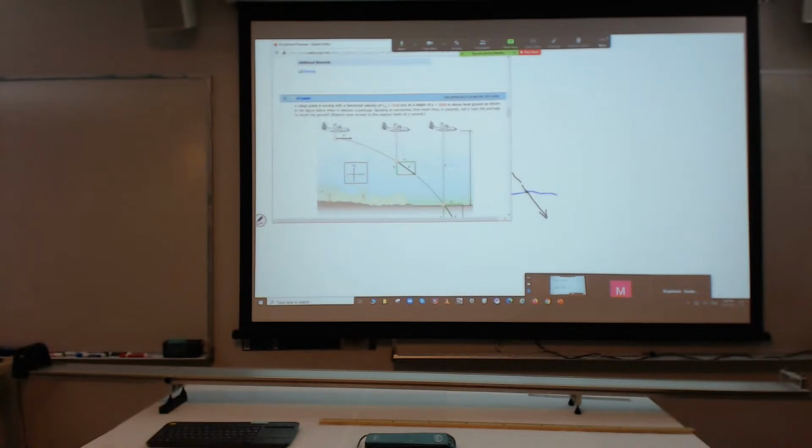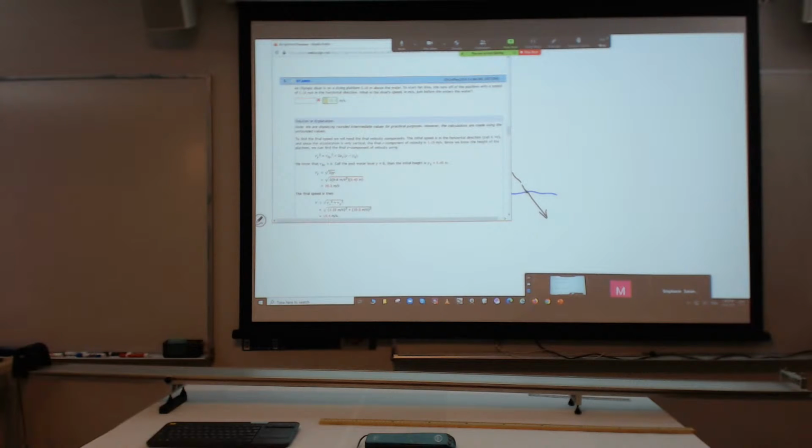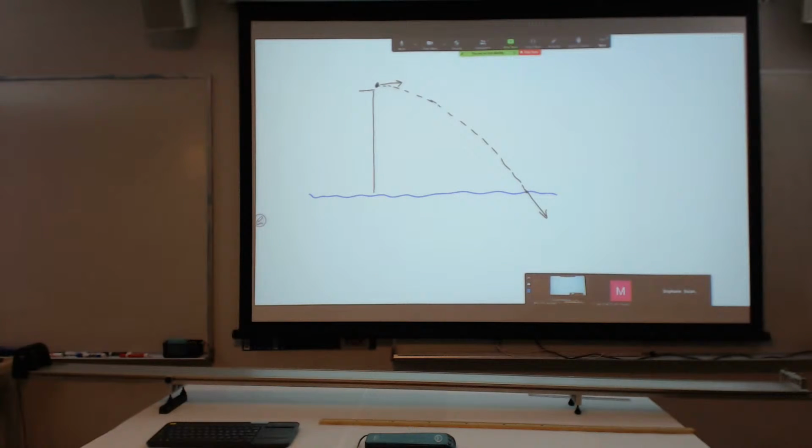So she jumps off horizontally and enters water. You're calculating speed. This is your unknown. Final speed, which is, like it says, right before she hits.